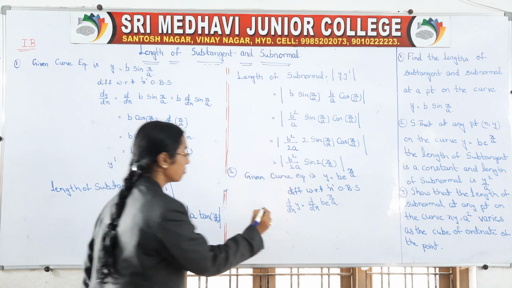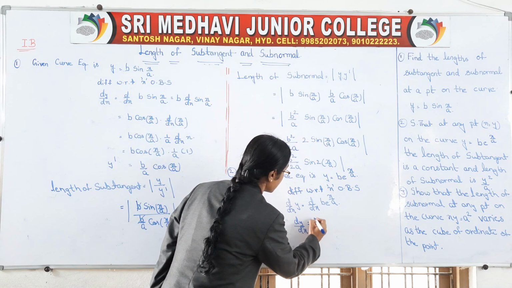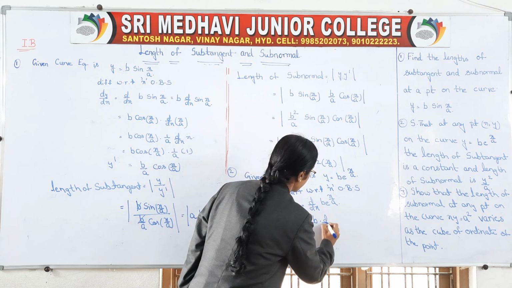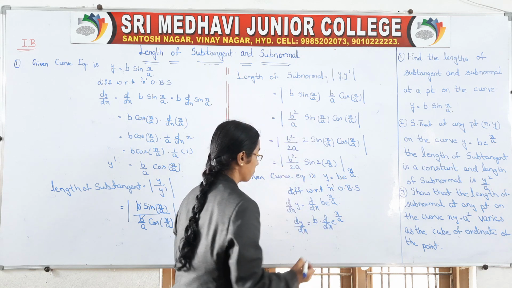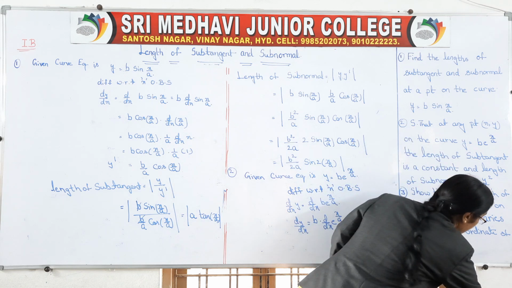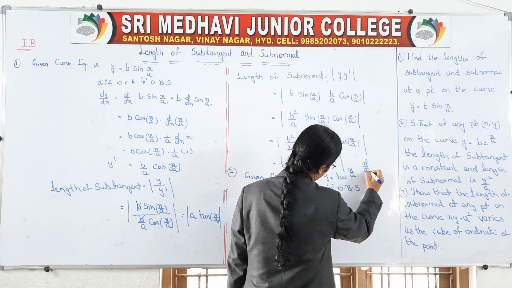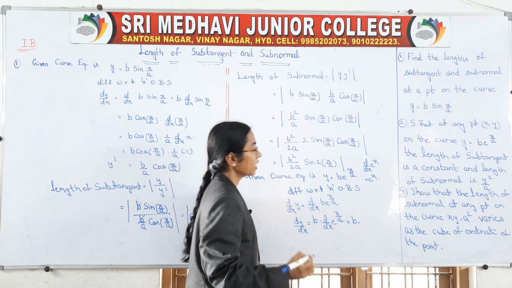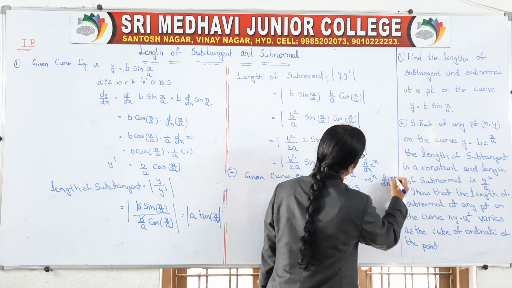So dy by dx is equal to b, which is a constant, into d by dx of e to the power of x by a. You know the standard formula: d by dx of an exponential function is the exponential function into d by dx of that function.